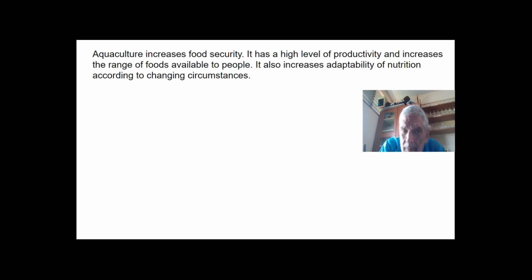And remember, food choice is part of food security. The wider the range of foods available, the more food secure a country is. It also increases adaptability of nutrition. Again, because it's a greater availability and according to changing circumstances.